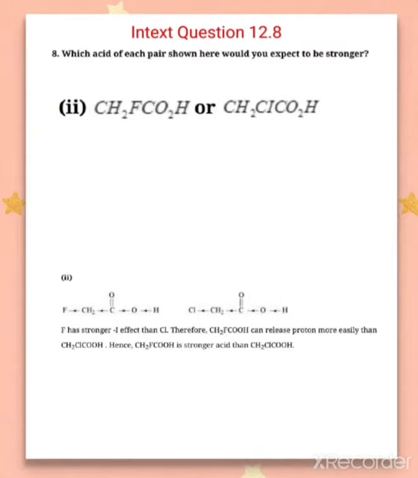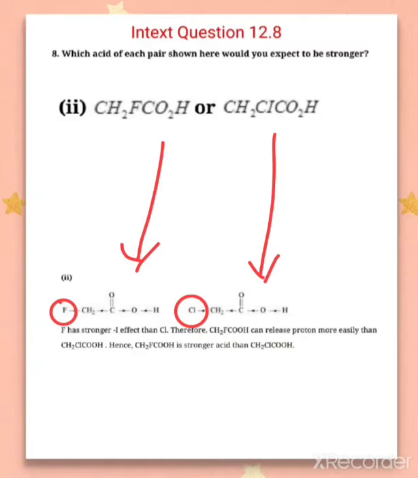In the second part, you can see the two compounds given here, which we can rewrite in this way. Now here there is one F, an electron withdrawing group, and here also an electron withdrawing group is there. The rest of the structure is the same, so the only difference is F and Cl.